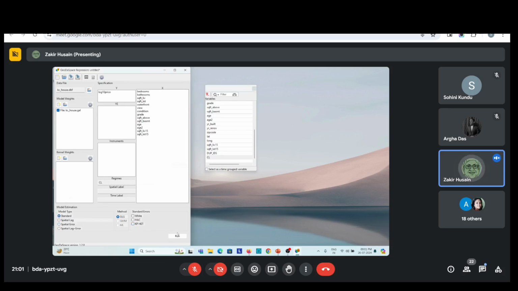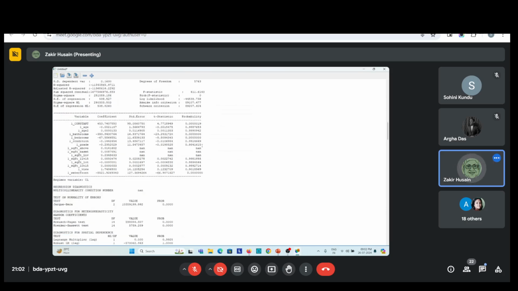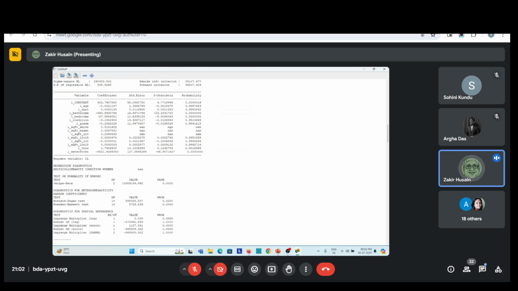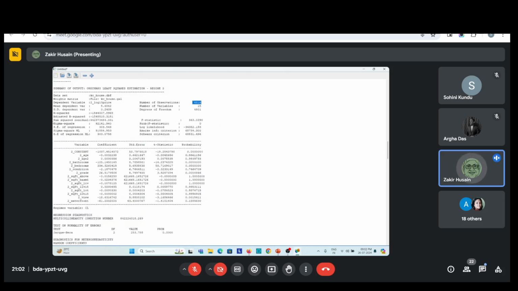Now, let me run the standard OLS model. See, regime 1. Look at the number of observations, 5778. So we have the different results. This is regime 2, about 4,800 observations.